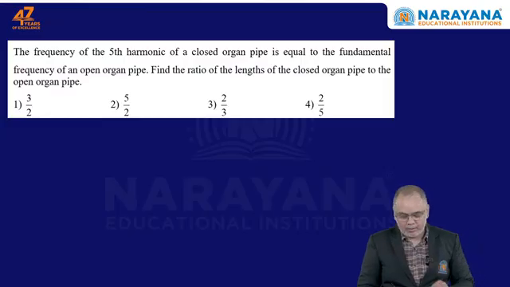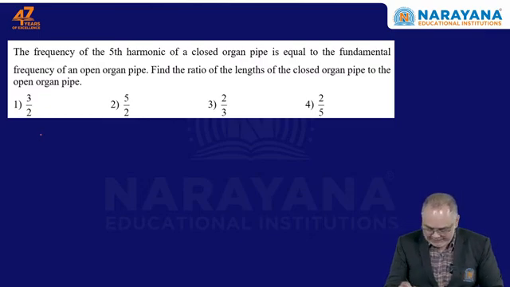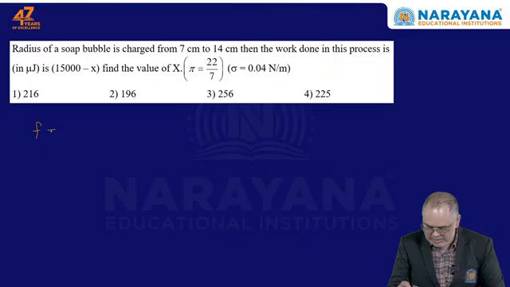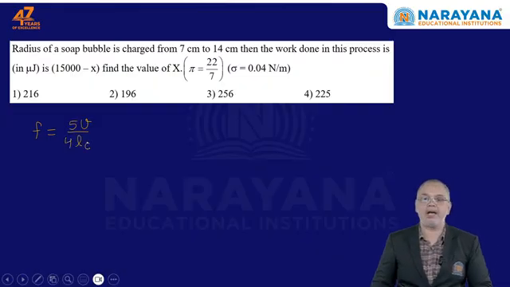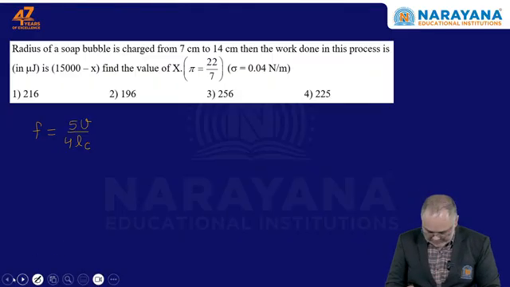So for the closed organ pipe, the fifth harmonic frequency we can write as F equal to 5V by 4LC. LC I'm assuming is the length of the closed organ pipe.